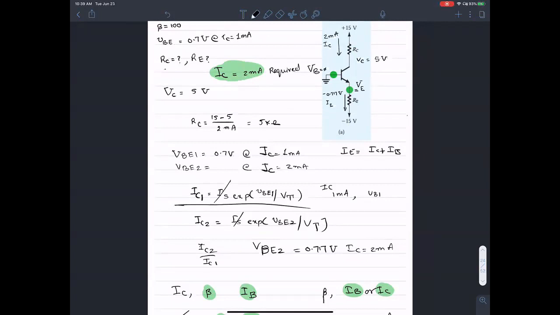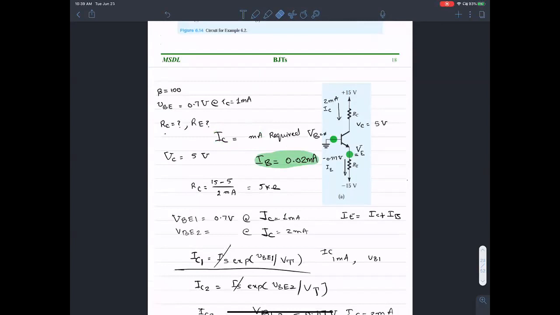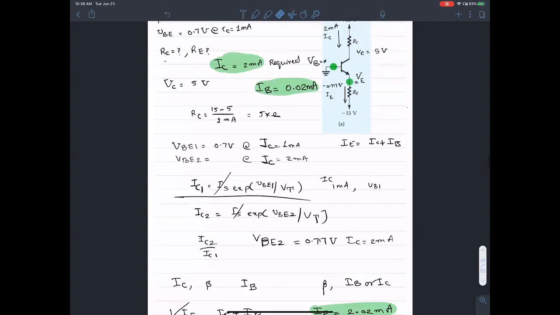Once we have IC, I should be able to calculate IB, which is 2 milliamperes by beta, which comes out to be 0.02 milliamperes. Then IE is the sum of IB and IC, 2 milliamperes plus 0.02 milliamperes.